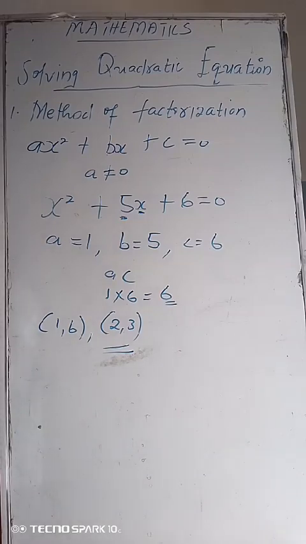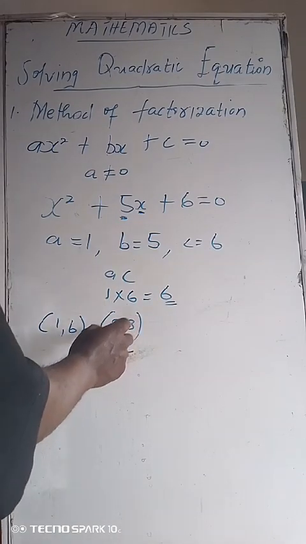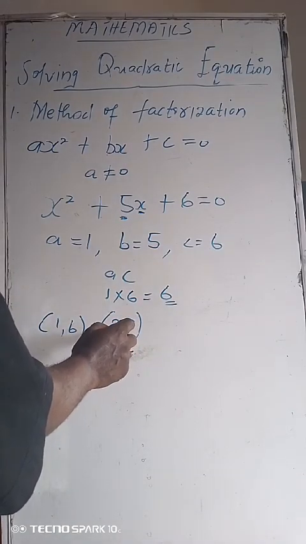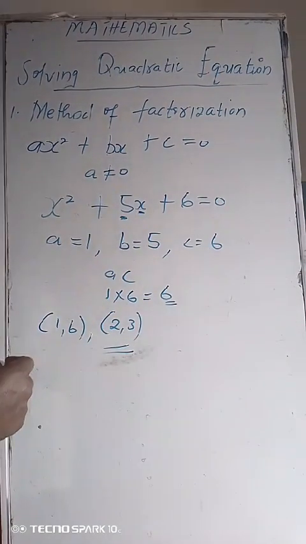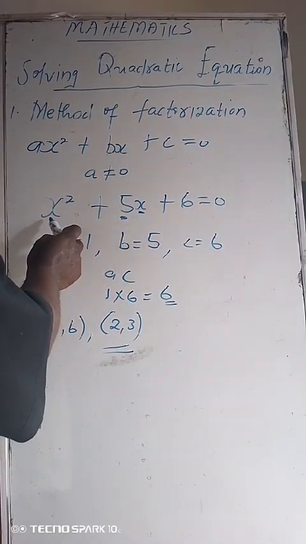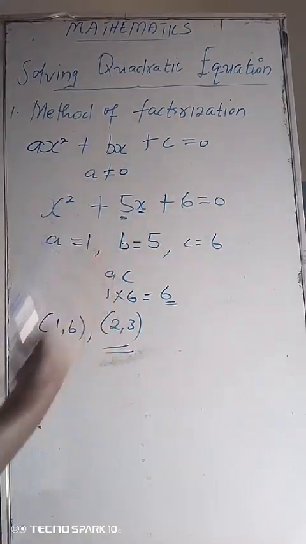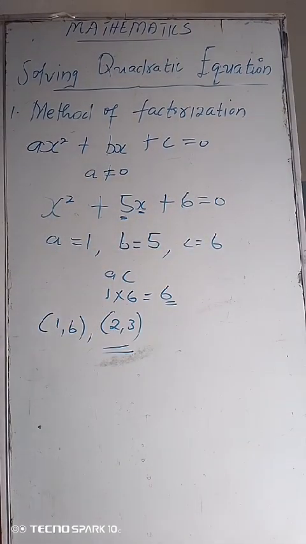So we are going to replace the 5 here with the factors 2 and 3. Here we are getting 1, 2, 3 terms. The idea is to get 4 terms so that we can easily group them and factorize.